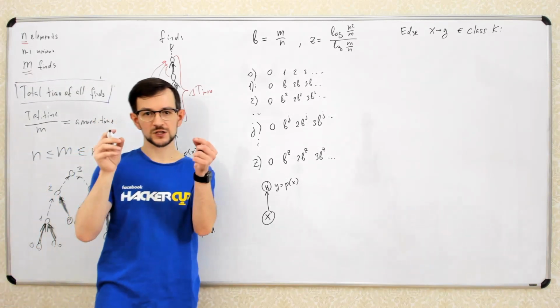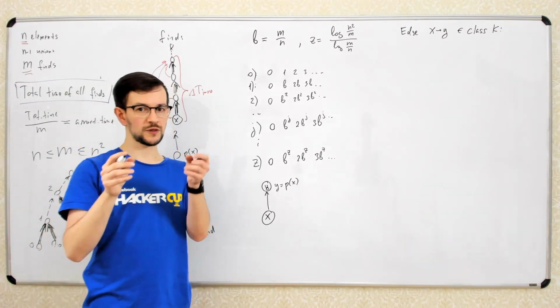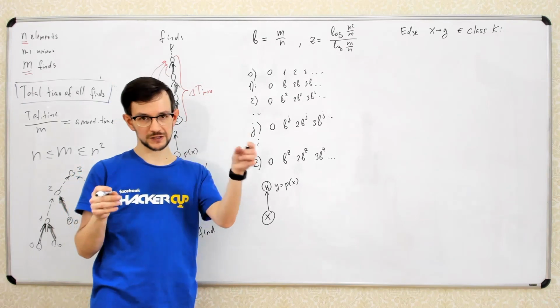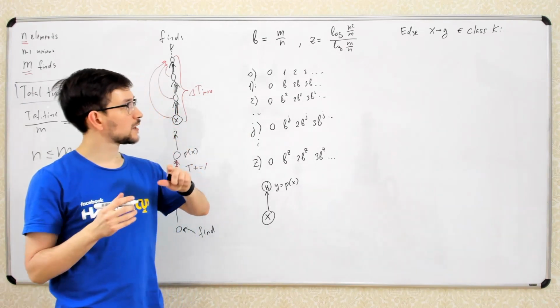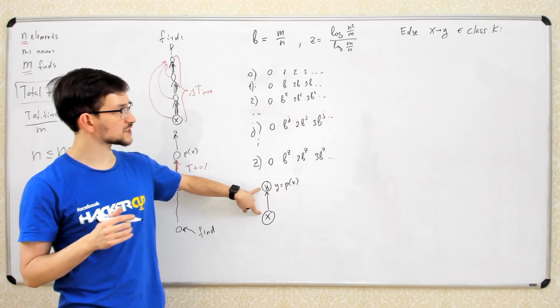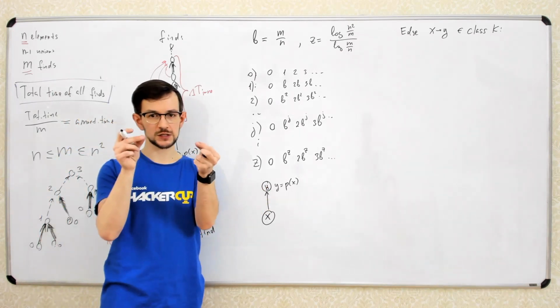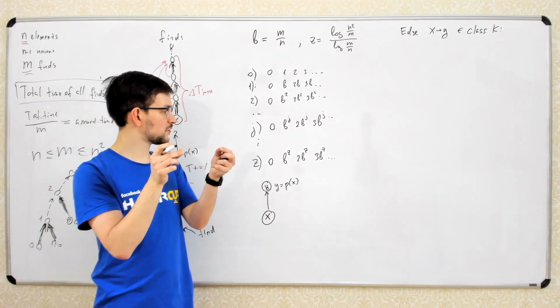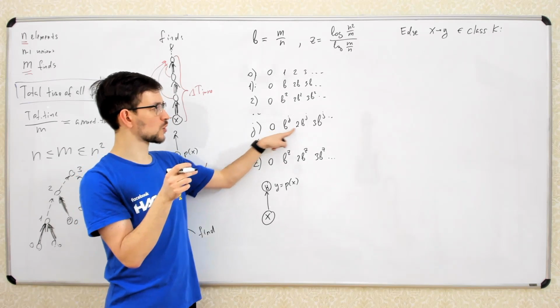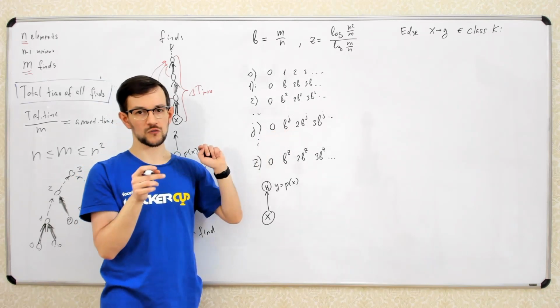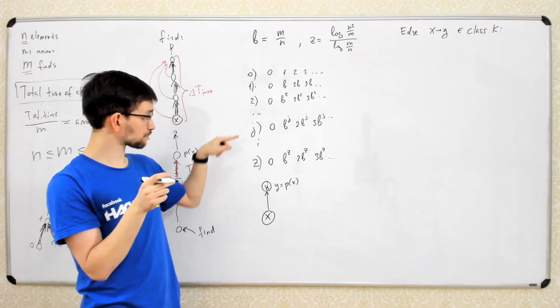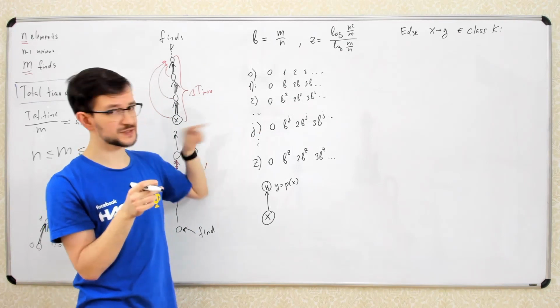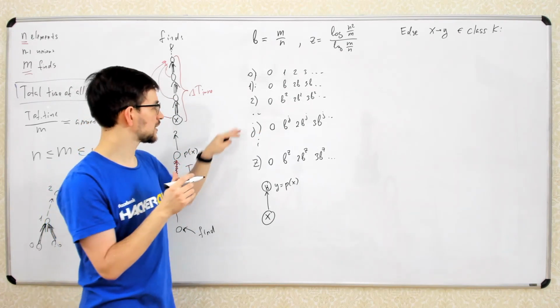Let's look at the ranks of x and y. These two nodes have some ranks. Let's say that this edge belongs to class k if these ranks both can be fit between two consecutive values of the sequence.